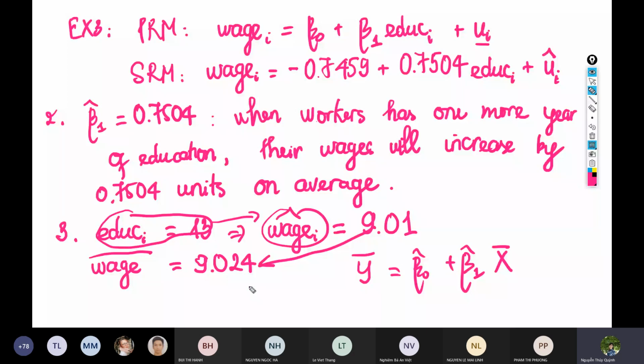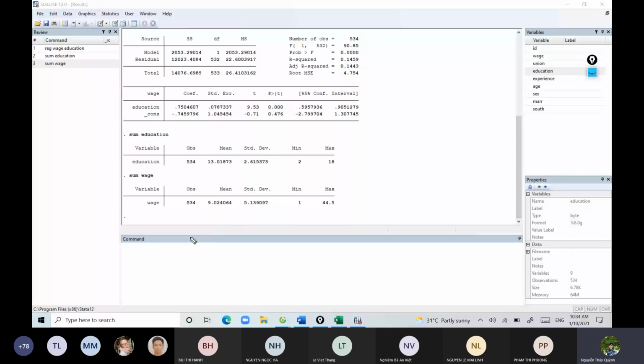The actual sample mean of education is 13.018 or 19, but we round it to 13.